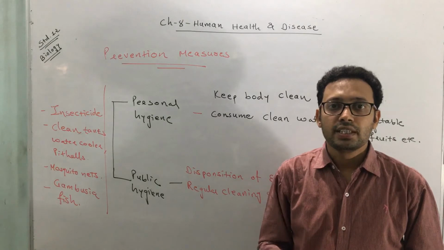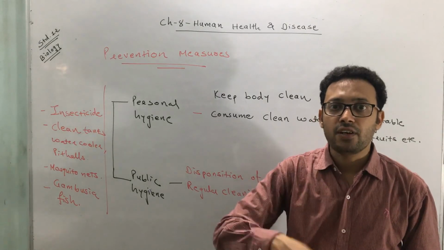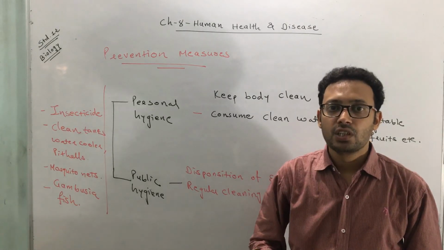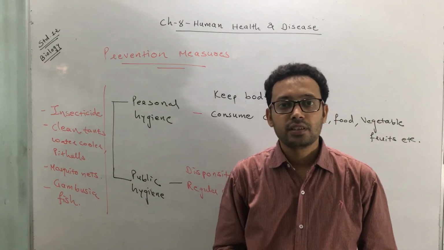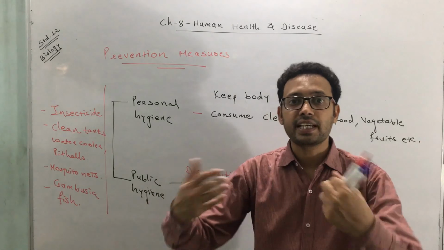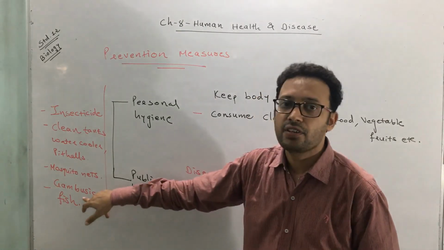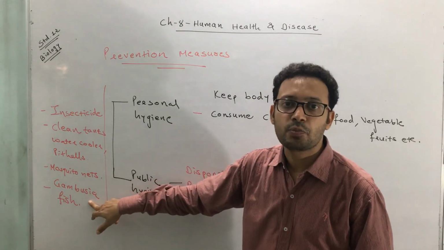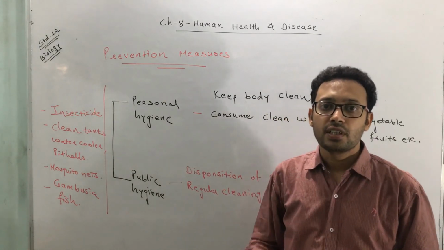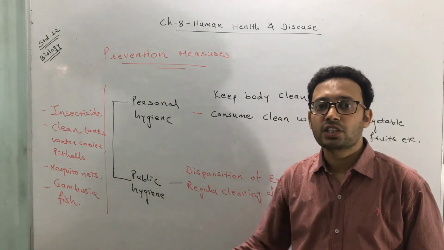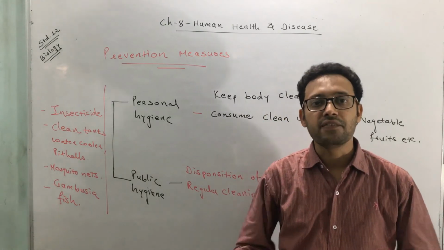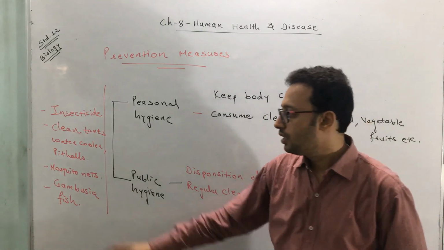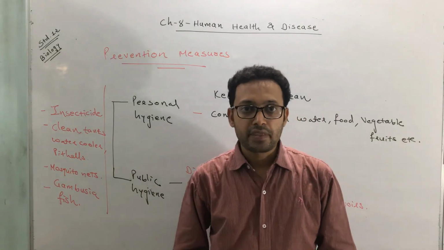This fish eats the larvae or the eggs of mosquito, so the life cycle of the mosquito gets disturbed. Newer mosquitoes don't get produced because the larvae and eggs are eaten by this fish. The eggs or larvae of mosquito are the food for that fish, so the fish eats them, and we get protected. Okay, a gambusia fish. So you can control it.